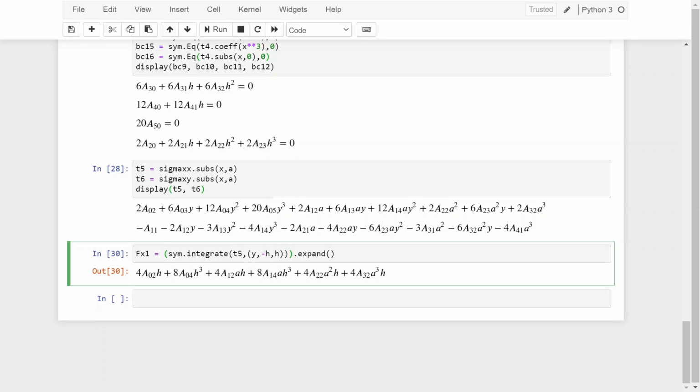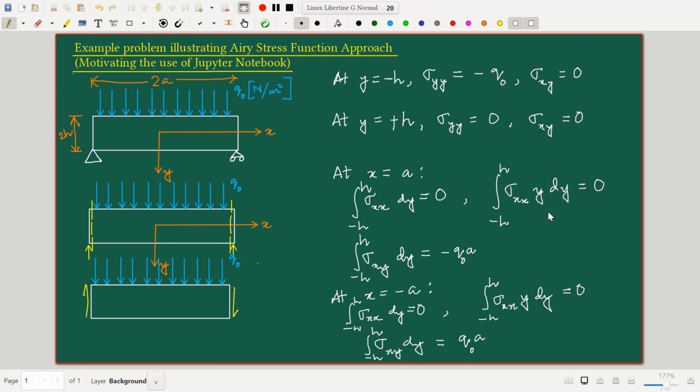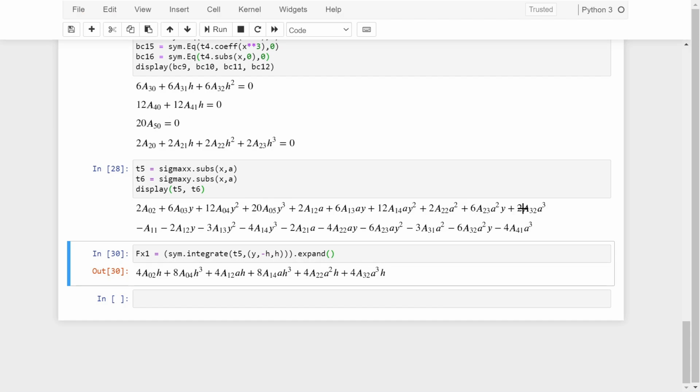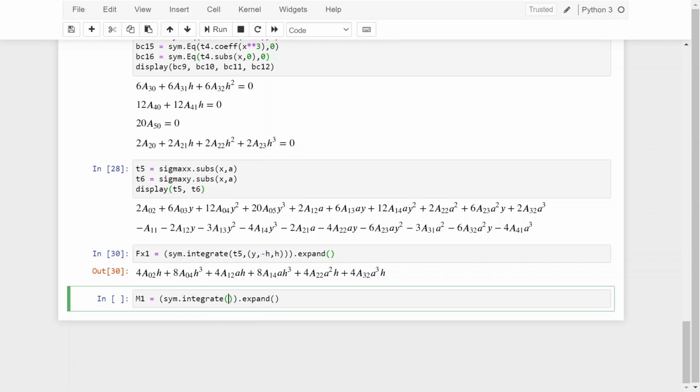But now we also need a corresponding expression for the bending moment. What I mean is that I need to implement this integration also, sigma xx times y dy. Not a problem, we can do this just like this. For the bending moment we have m equal to, and again I'm going to do an expand. Let me write that down beforehand. Sim dot integrate T5.